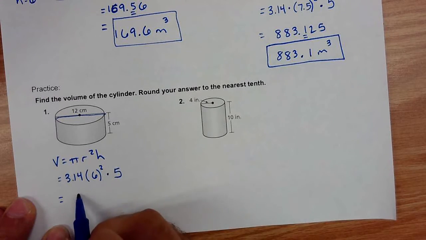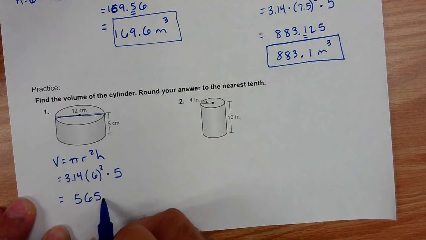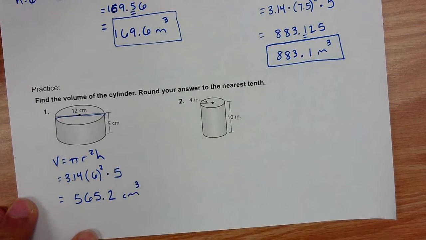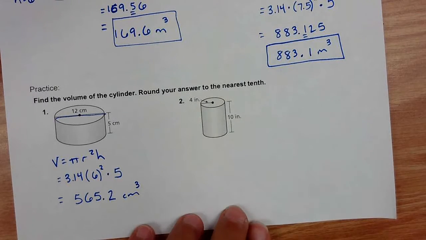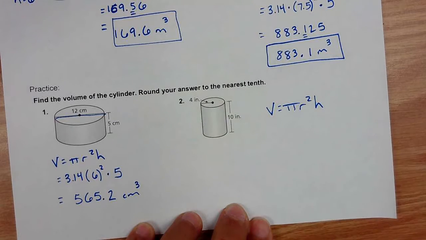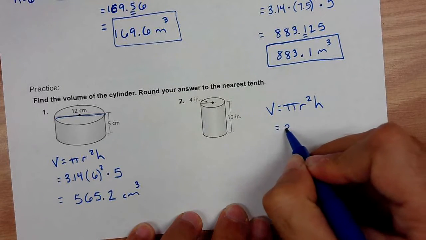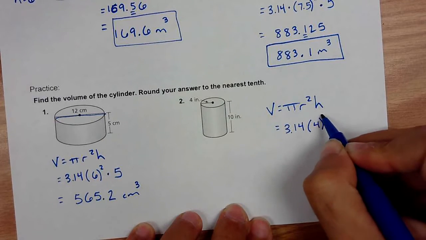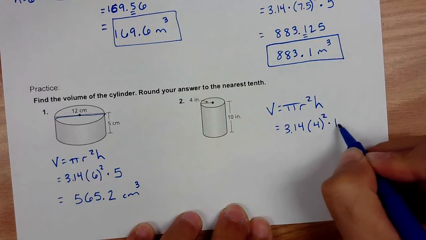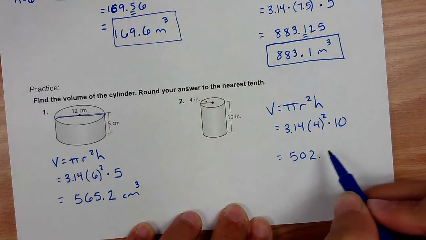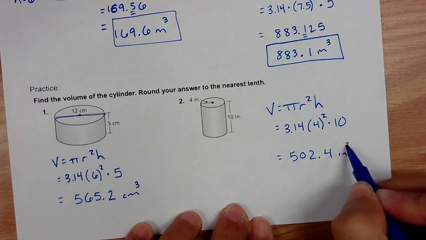Multiplying that all together, 565.2 centimeters cubed. For our second one, pi r squared times h. Now again, notice I'm always starting with my formula. Always starting with my formula. This gives me a final answer of 502.4 inches cubed.